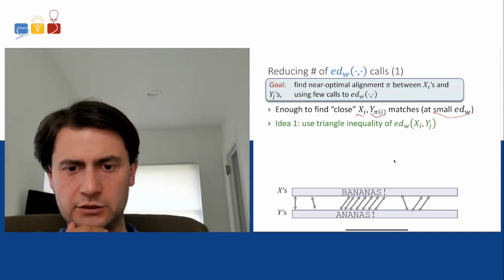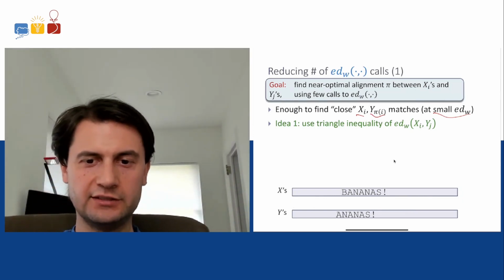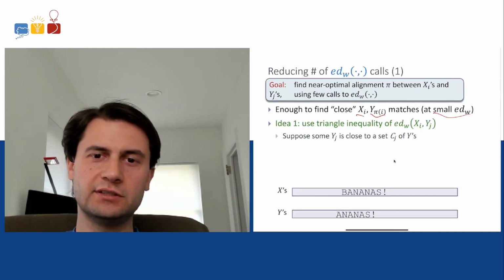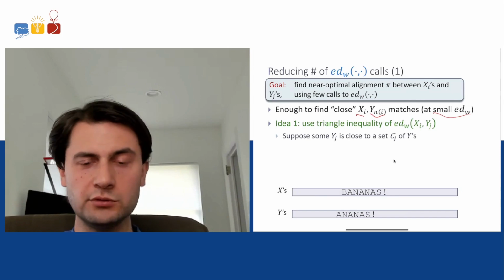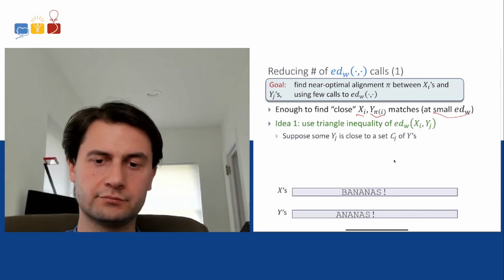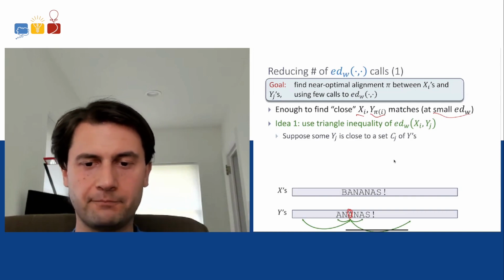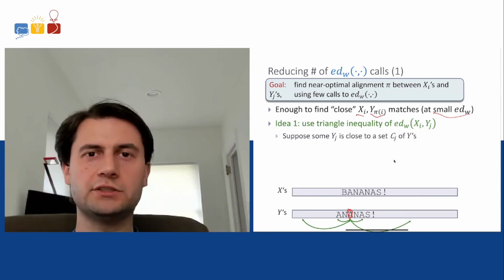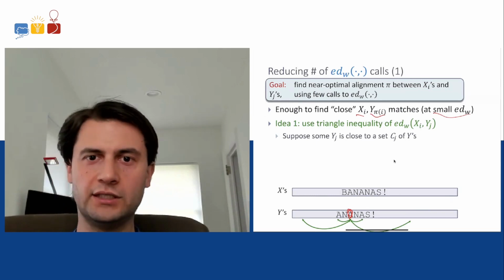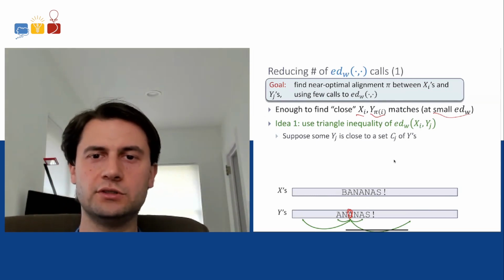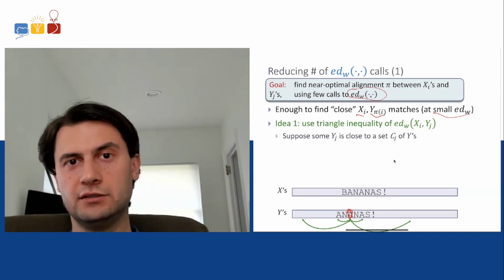Of course, when we run the algorithm, we don't see this alignment, so let us erase it and see how this triangle inequality idea comes into play. Suppose there is some yj. We took one yj and compared it against all the other y's using this close-to edit distance, and discovered that it is close to many other blocks.